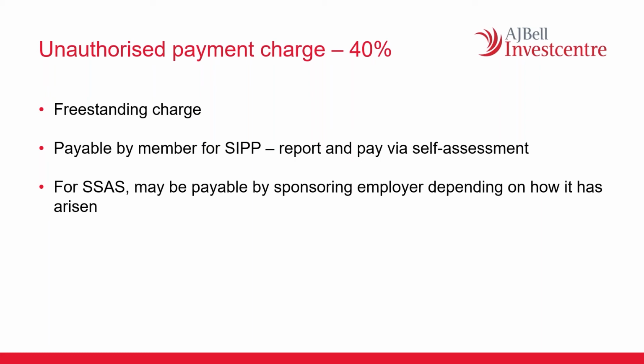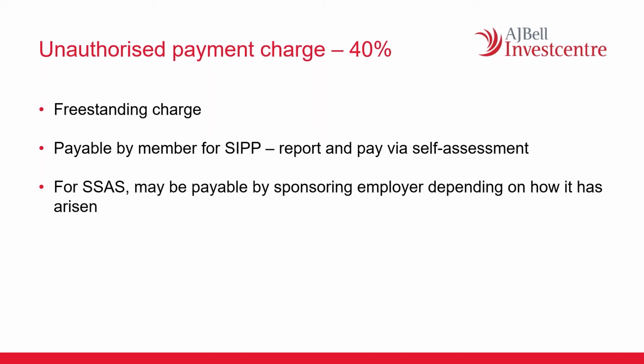So when the scheme administrator reports to HMRC, we will also tell the member that we're reporting to HMRC, and that they need to put it on their self-assessment. If they don't fill in a self-assessment, then they will need to contact HMRC directly in order to pay it. Obviously, we are reporting it to HMRC, so they are going to know about it, even if the member thinks they're not going to tell them. They will find out about it.